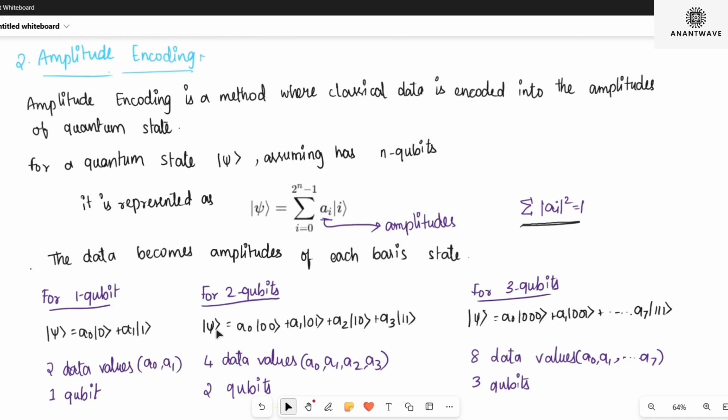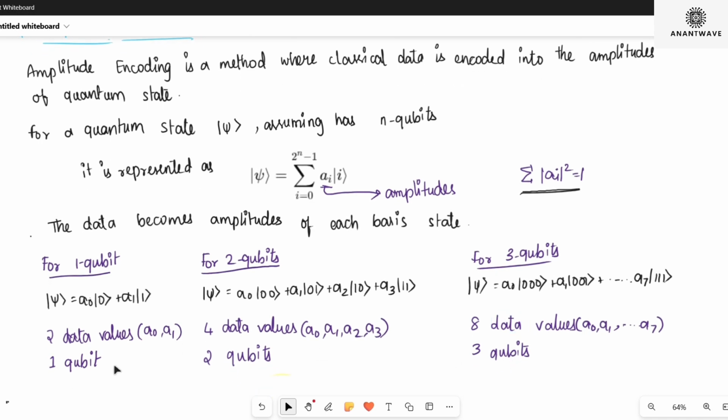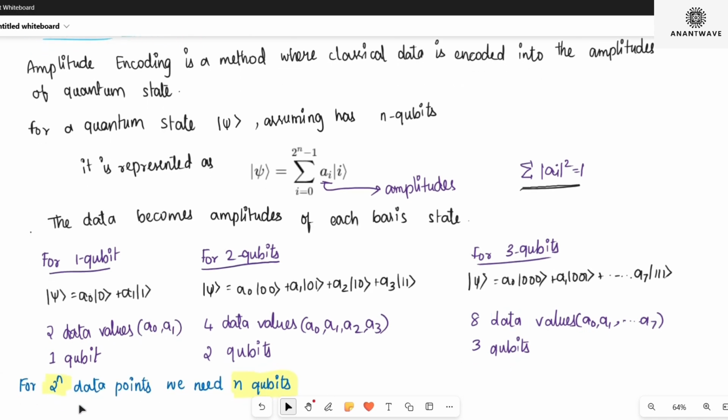Now for 3 qubits, we can represent 8 data values as we have 8 basis states. So we can say that for 2 power n data points, we need n qubits.